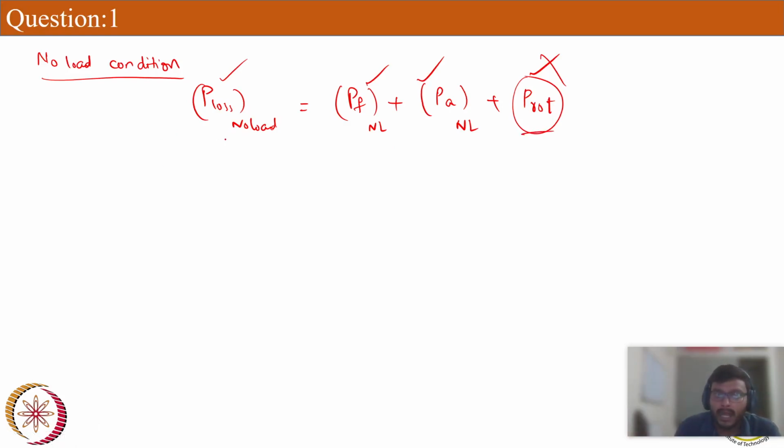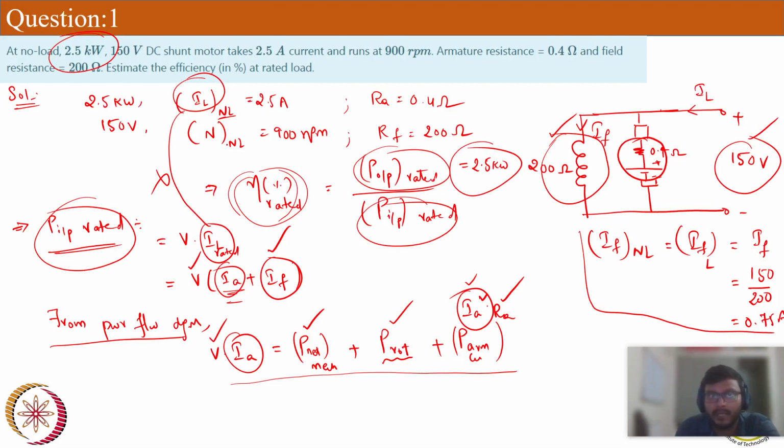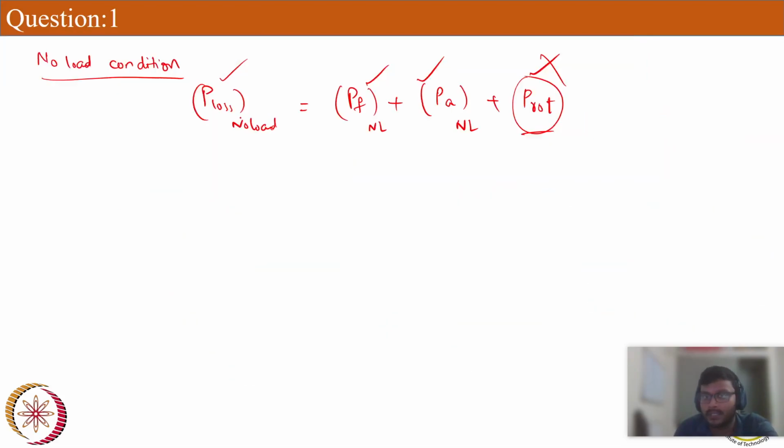Now see, at no load condition, from the data, we were provided with a total of 2.5 amps taken by the circuit. I will quickly draw the DC shunt motor, and under no load condition, this is 150 volts. Load is not connected across the motor. Now it is given that the motor is drawing 2.5 amps, and what is the field current? We already calculated the field current. It is 200 ohms, 150 divided by 200.